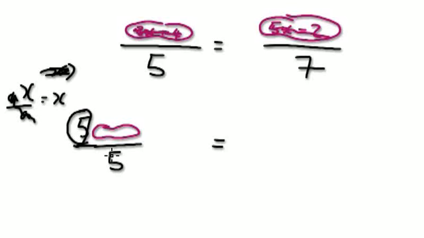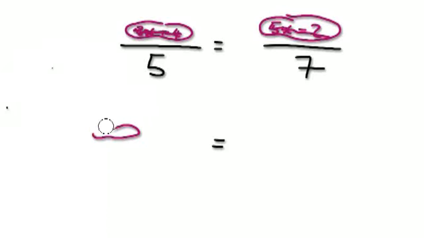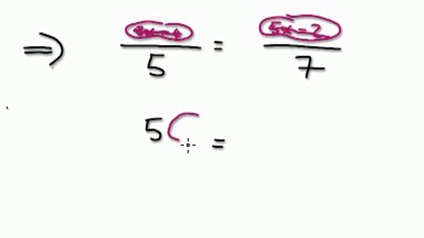So these two 5's kill off each other, and all you're left with is just a bubble. If you multiply by 5, it becomes 5 bubble over 5, and the two 5's kill off each other, leaving you with just the bubble.